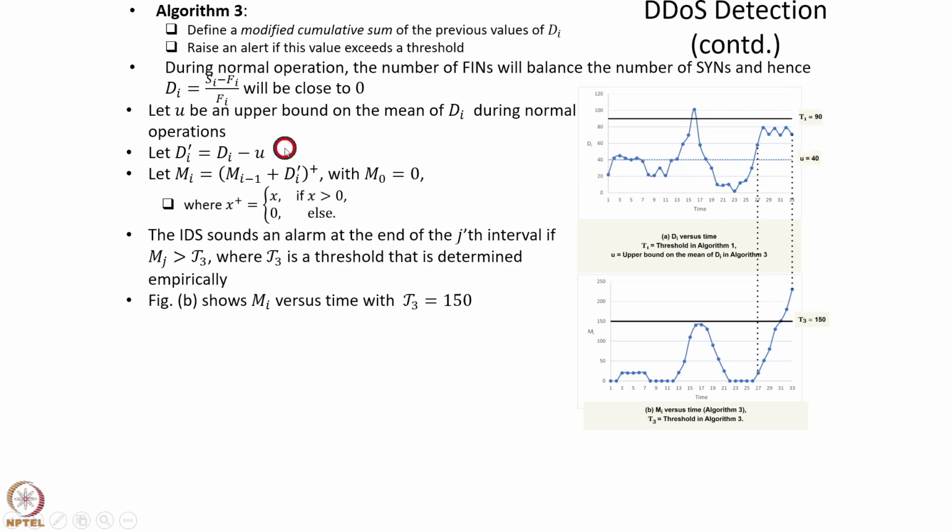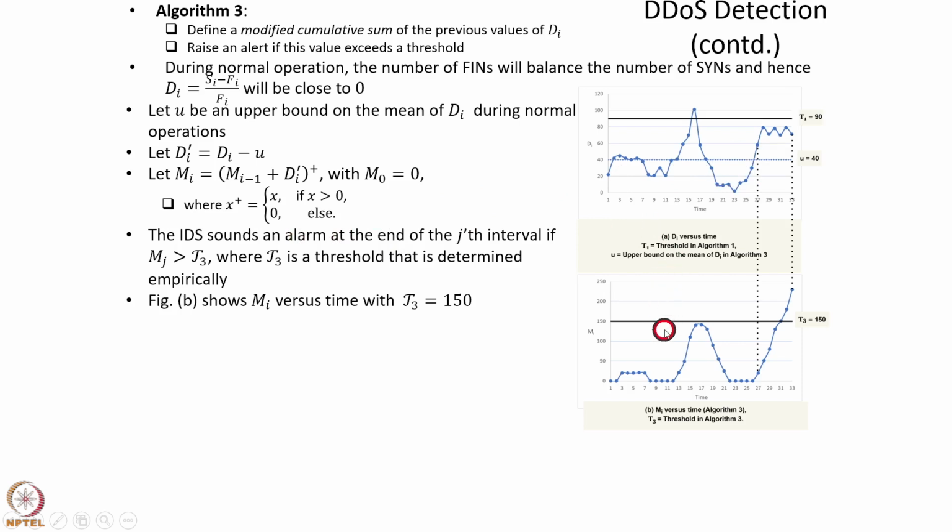So di prime is the difference between di and u. So in this case, di prime is negative, and here di prime is slightly positive. Here di prime is a large positive number, and in this interval again di prime is positive. Here di prime is negative, and so on and so forth.